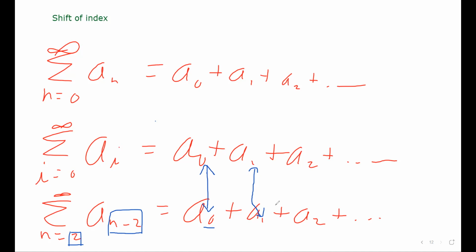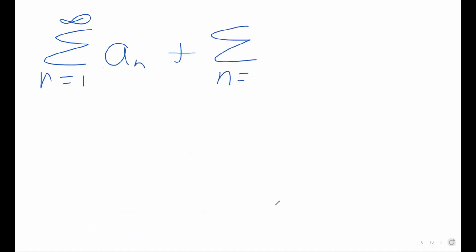So if we would try to add the sum starting from n equals 1 to infinity of a sub n, with the sum starting from n equals 2 to infinity of b sub n, we could not just do our little shortcut that we did before. So we would have to make a change.